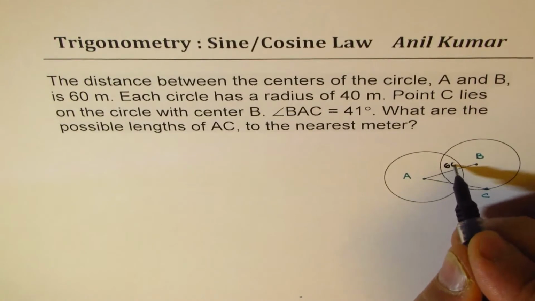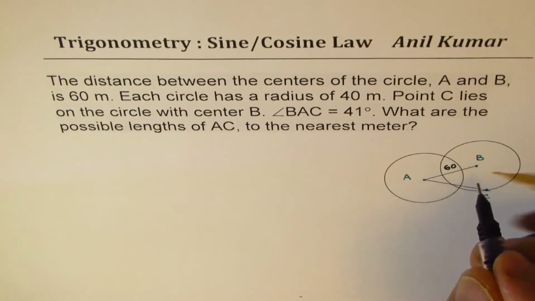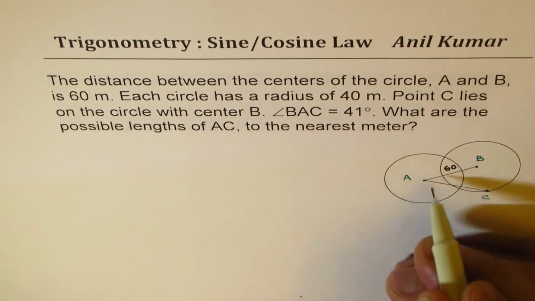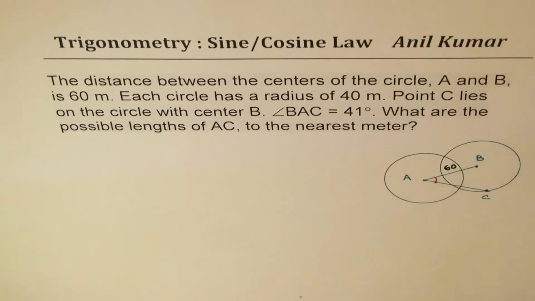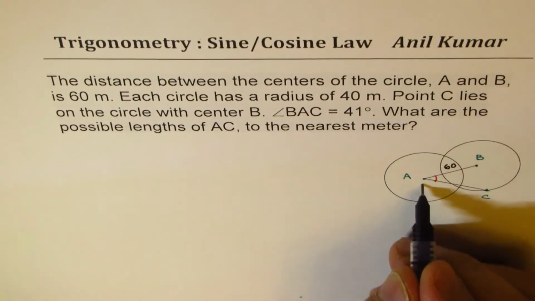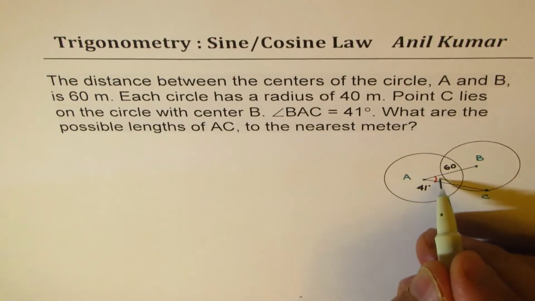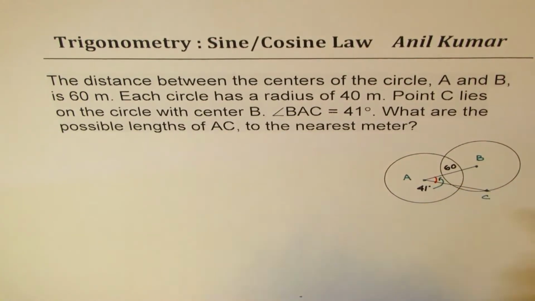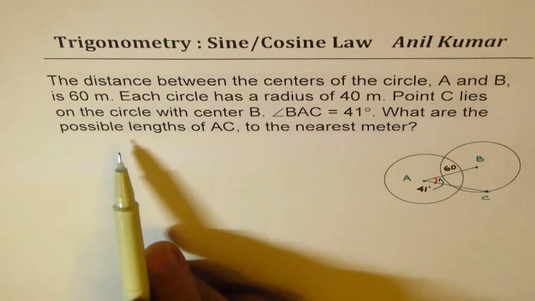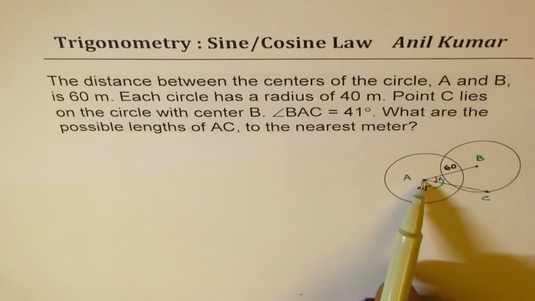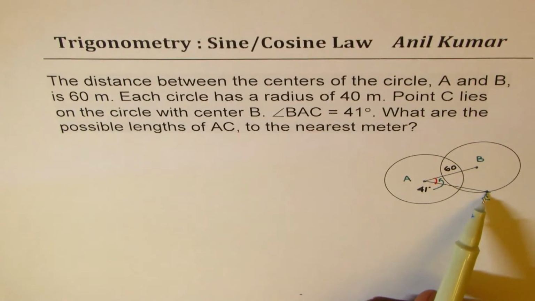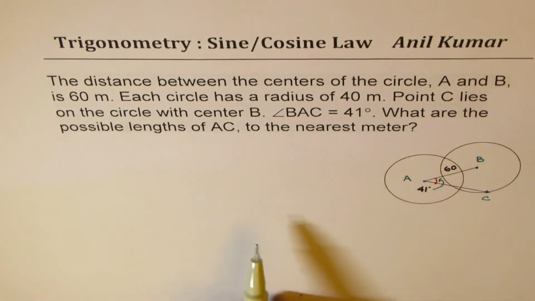So this is 60 meters for us, A to B distance. The angle A is 41 degrees. Let me write 41 degrees here. So that's the angle A here, right? What are the possible lengths of A to C? This is what we need to find to the nearest meter.